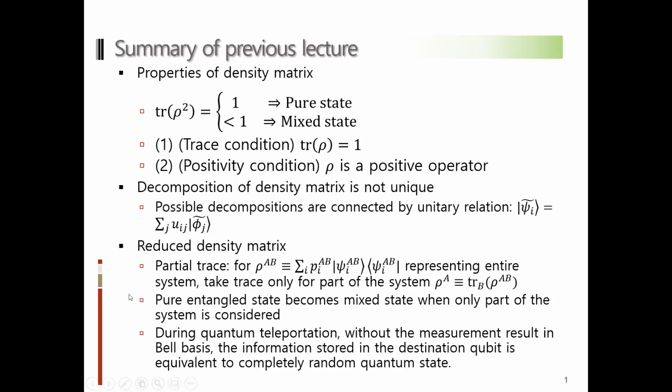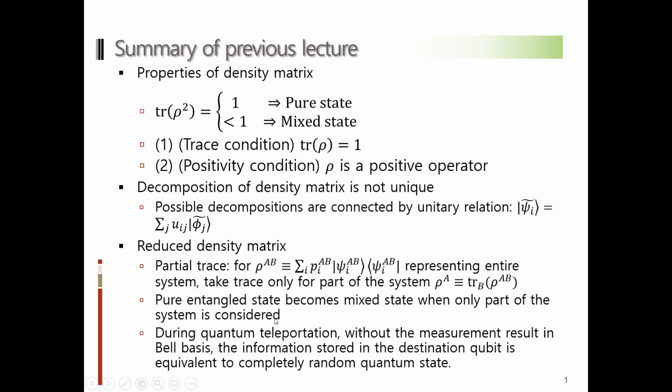And finally, one of the interesting applications of the reduced density matrix formalism is to use it to prove that quantum teleportation by itself cannot give you any information until you actually deliver the digital information of which Bell state was measured during the protocol.